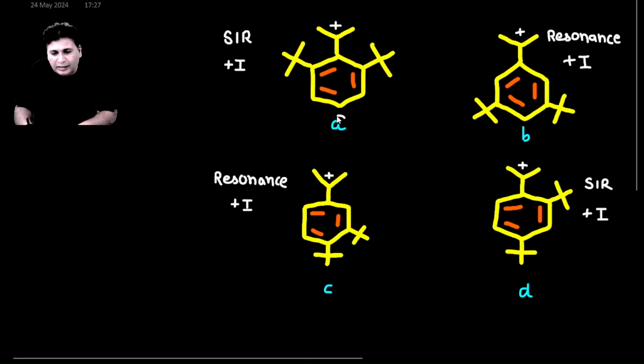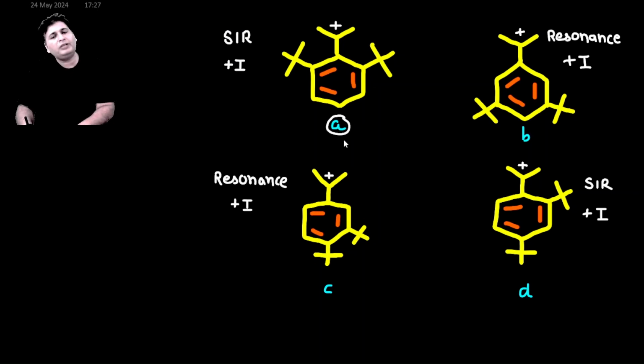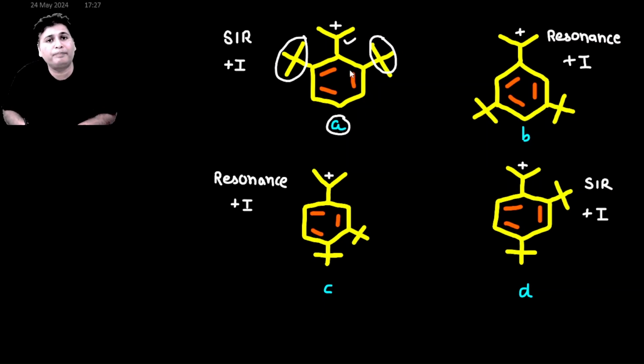Now, A: you understood from the previous discussion that because of the bulky groups attached at the ortho positions, this carbocation will turn its plane perpendicular to the benzene ring, and as it does, the vacant p orbital is no more parallel to the pi system.